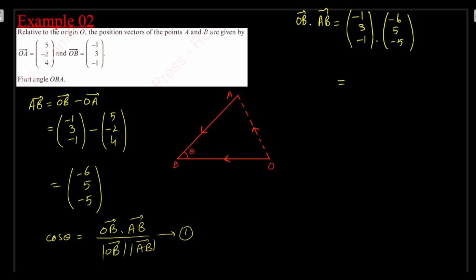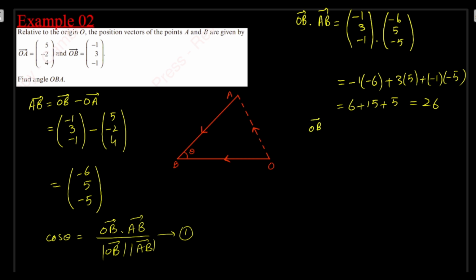Now by using the formula, the dot product can be computed by multiplying the like components and then combining. Minus 1 into minus 6 plus 3 into 5 plus minus 1 into minus 5. This is equal to 6 plus 15 plus 5, which is equal to 26. So OB dot AB is equal to 26.